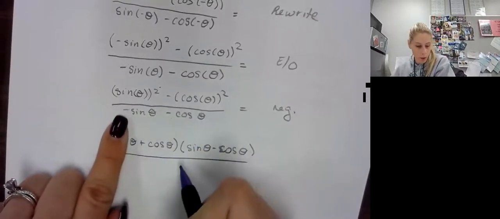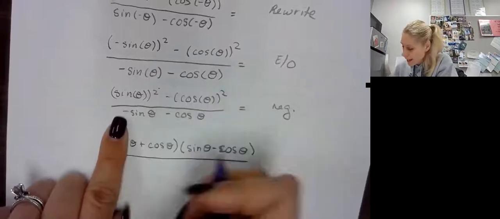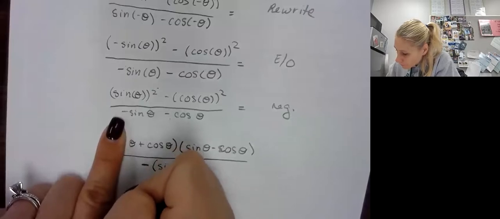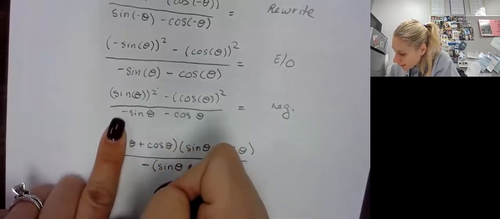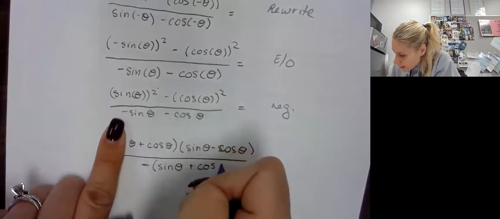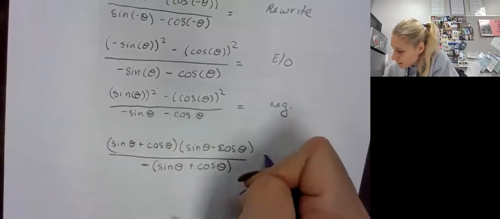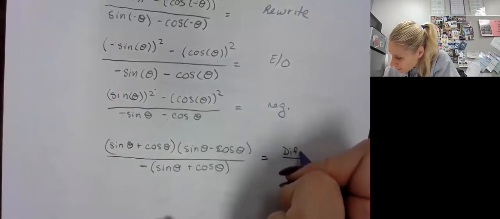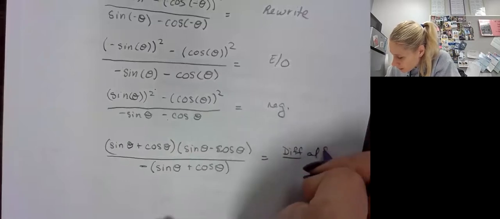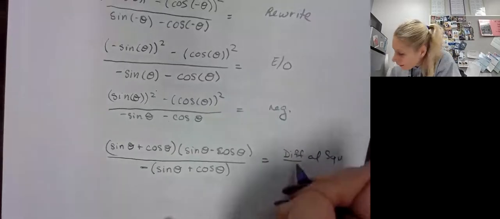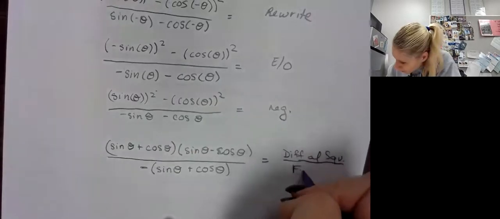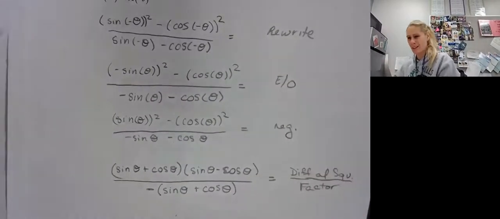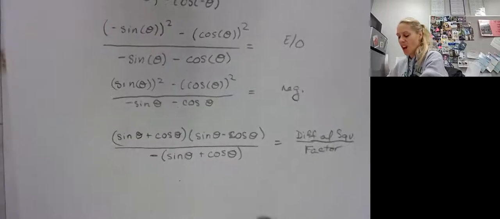So I'm factoring both of these. I'm going to factor out a negative here. So if I factor out a -1, I get sine theta plus cosine theta. You guys see why I did that? So here on top we have difference of squares, and on the bottom we factor that negative. Just writing down what we did, sorry. Lost my pencil. All right.